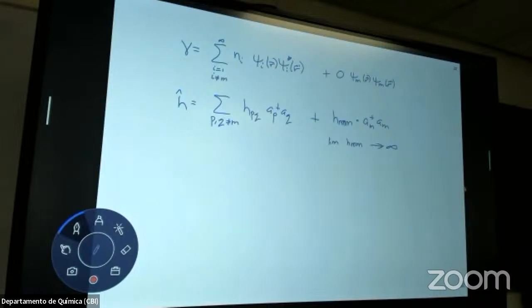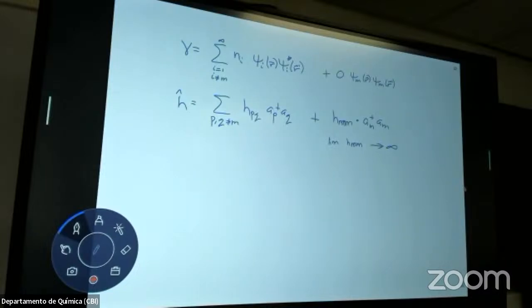So the good news is non-V-representable doesn't affect you so much, right? And it is true also that, so why does DFT work, right?